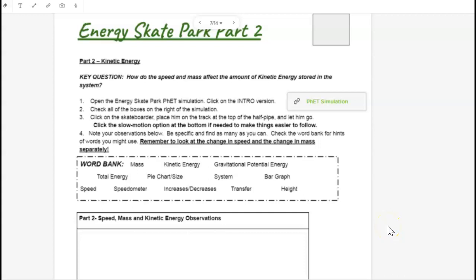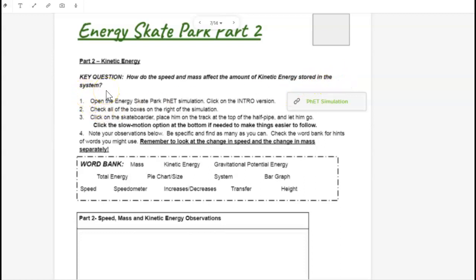All right, so now we'll quickly walk through how you should get the information that you need to answer the key question. This is for slide 7. The key question here is about kinetic energy: how do the speed and mass affect the amount of kinetic energy stored in the system?